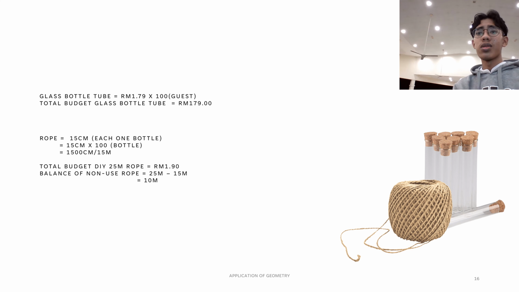Now, we know the total budget we need is only 1.9 ringgit for one DIY 25 meter rope. In the end, we have a balance of non-used rope, which is 25 meters minus 15 meters, and finally we get 10 meters balance of non-used rope.